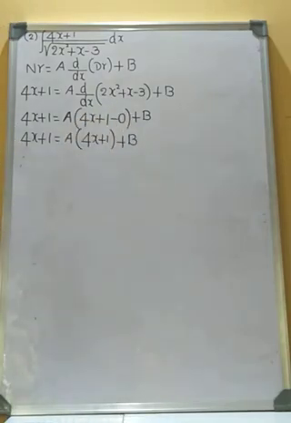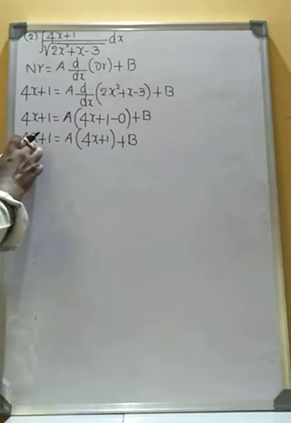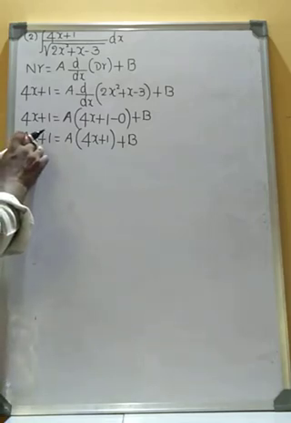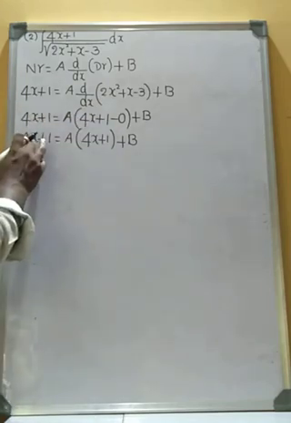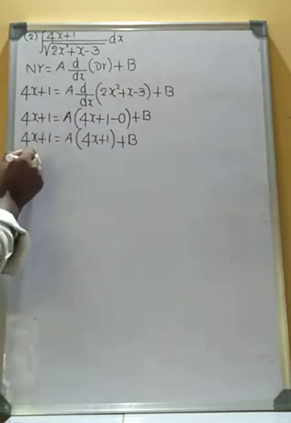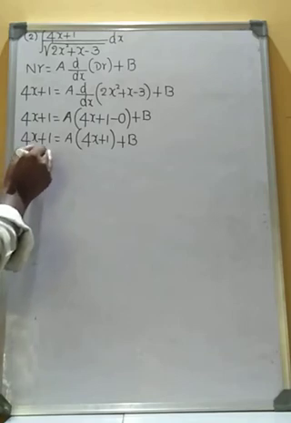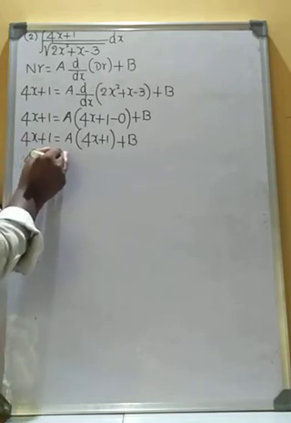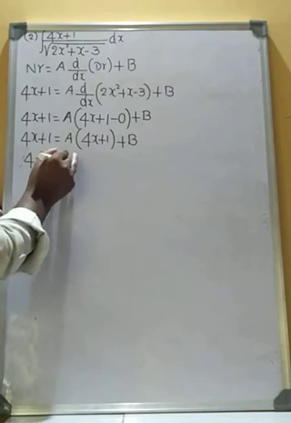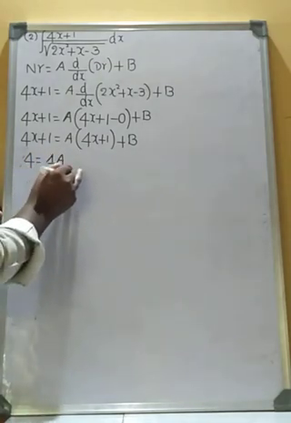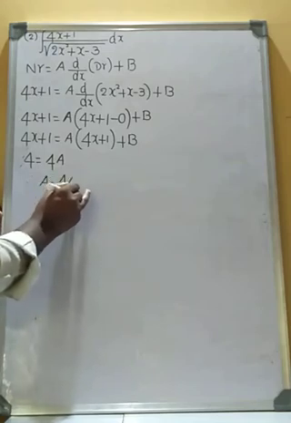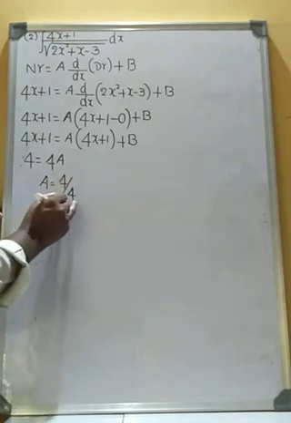Now equating the coefficients of x and the constant terms from both sides. Coefficient of x: left hand side is 4, right hand side is 4a. Therefore a equals 4 by 4, so a equals 1.